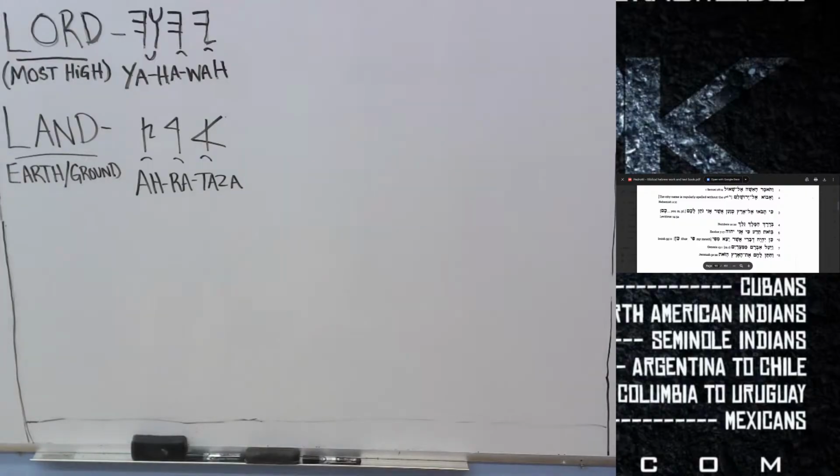Okay, so now the word Canaan, Kana'ain in Hebrew. I cannot remember how you spell Canaan at all. This is Leviticus 14 and 34.